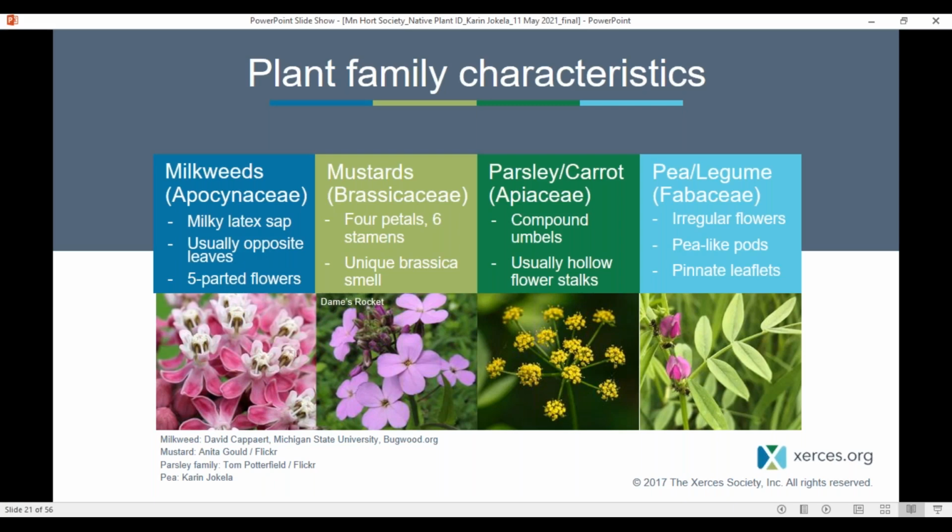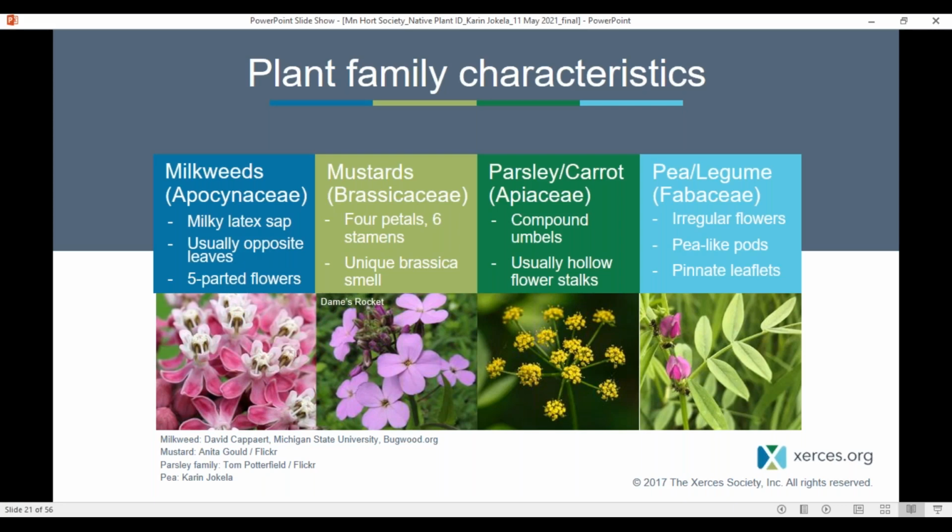Mustards are like the Brassica family. When you see them in flower, they have 4 petals, and that's really distinctive. They always have 4 petals. And often they have a sort of characteristic Brassica smell, right? And I've included a photo here of something called Dame's Rocket, which we'll probably start to see in about a month flowering.